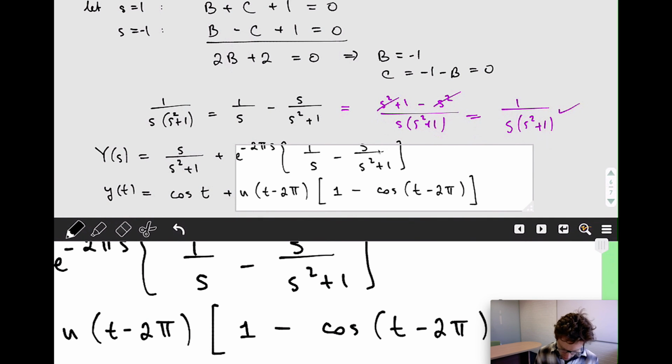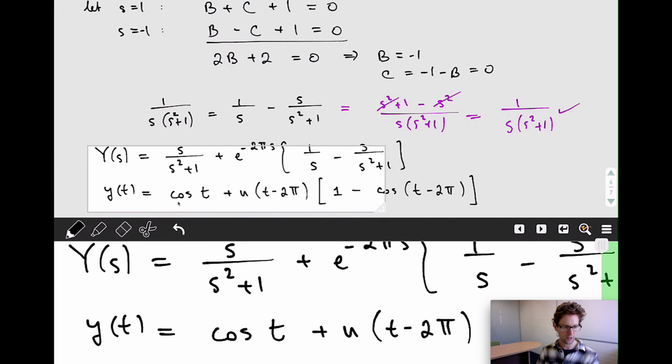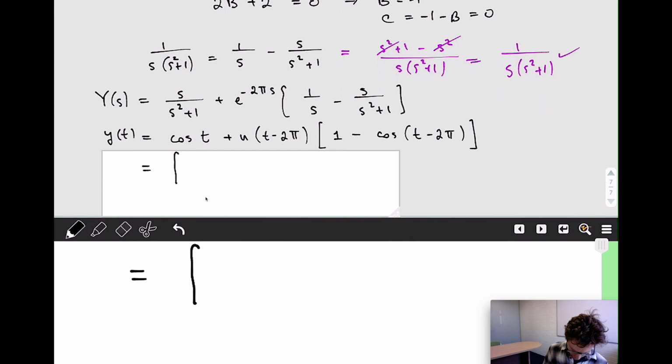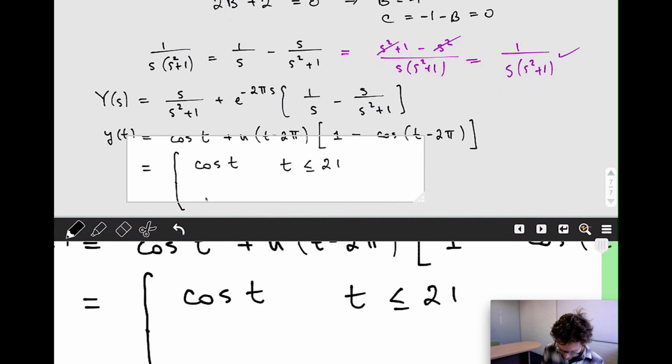Okay, so how would I sketch what this looks like? Well, you can see that the first part of this function is just going to look exactly like cosine of t. So let's try and write what this looks like before t is equal to 2 pi and after t is equal to 2 pi. So for t less than or equal to 2 pi, my function is just cosine of t.